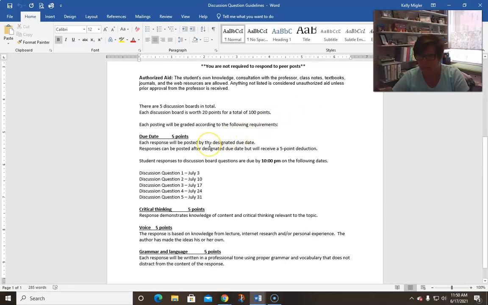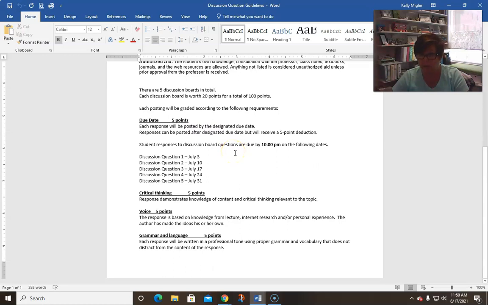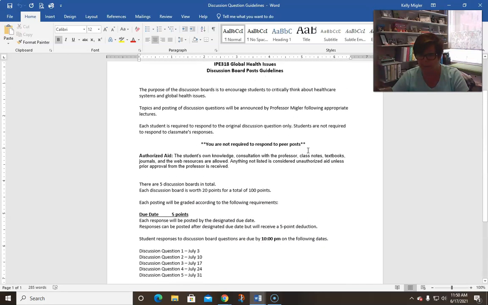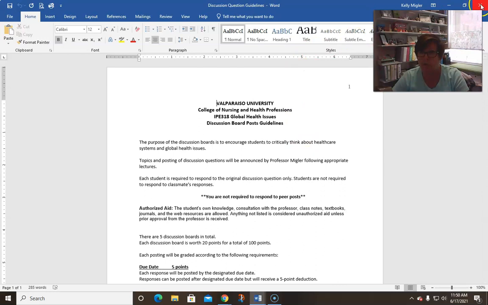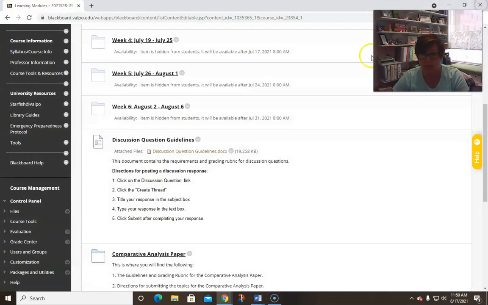If you forget to submit your question by 10 p.m. on the designated Saturday, you can still receive credit for the discussion question by posting it late. You just will receive 5 points less because it was late, but you can still post them late. You just will receive a reduced grade for that designated question. Okay, so those are the discussion questions.